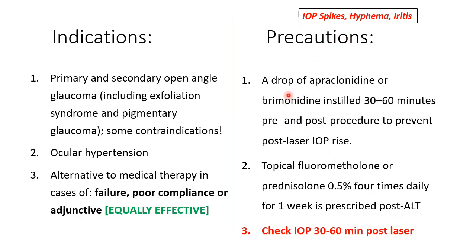So precautions: a drop of apraclonidine or brimonidine instilled 30 to 60 minutes pre and post procedure to prevent a post laser IOP rise. Then topical steroids 4 times a day for 1 week is prescribed post ALT. Again, why? Because more chances of these kinds of inflammations are there because of more thermal damage. And always check the IOP 30 to 60 minutes post any laser procedure in order to check the IOP rise.